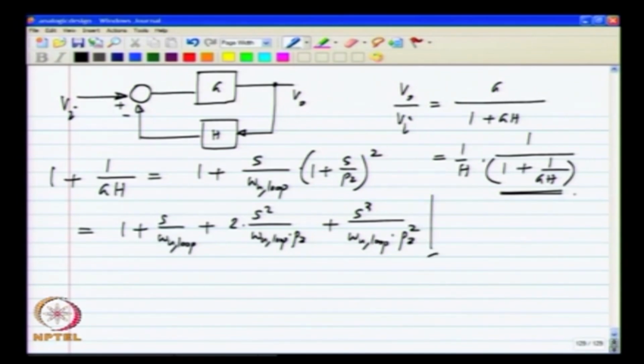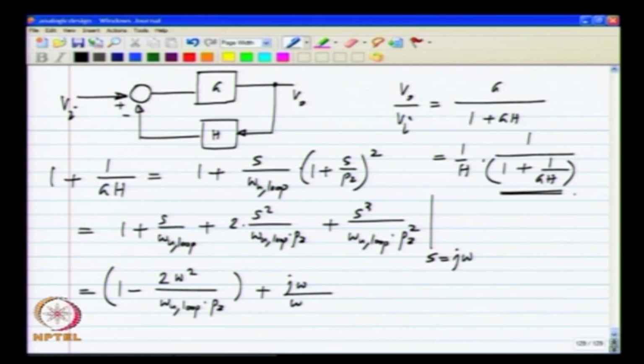And if you evaluate it at some sinusoidal frequency s equals j omega, we get 1 minus 2 omega square by omega u loop times P2, plus j omega by omega u loop. Okay.